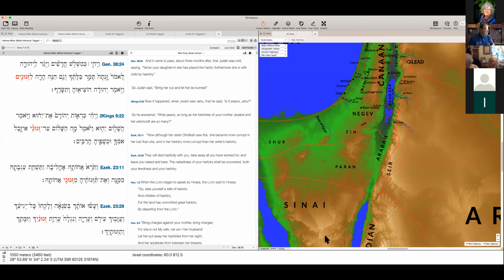So Sinai is here, and the highways that are built today are actually built upon the very well-known routes. Just paved them for the buses and trucks. So you go from here all the way to the Red Sea.